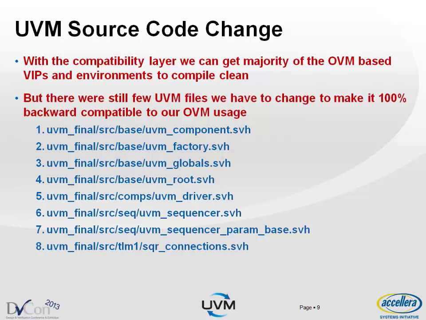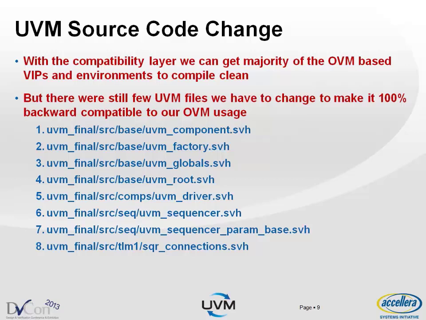But a lot of those minor changes we had to make in the files were really related to our use model, because we had a lot of legacy code that comes from AVM to OVM to UVM. We could have gone and cleaned that code, but we wanted a proof of concept to show that we really can move 100% to UVM without touching any of our base code.